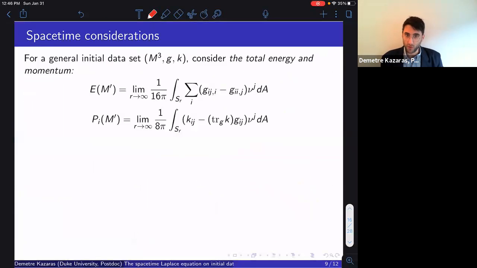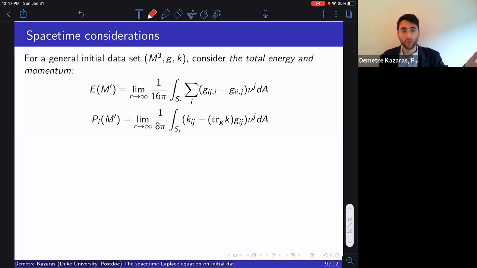In fact, let's do some more. Let's graduate from the toy model to the real model. We want to consider inside of a Lorentzian 4-manifold a 3-manifold which is spatial. It inherits the Riemannian metric and the second fundamental form. Now there are a number of geometric quantities that can capture the asymptotic geometry of the initial data set.